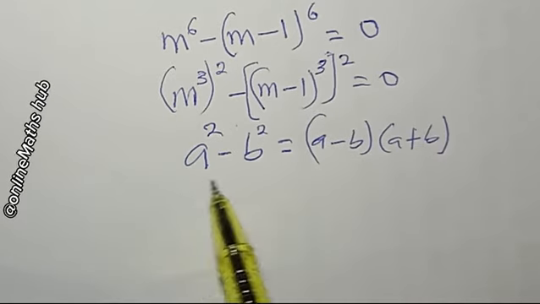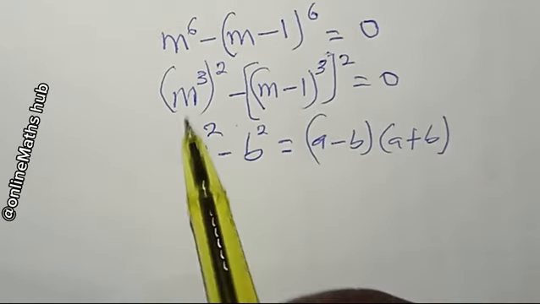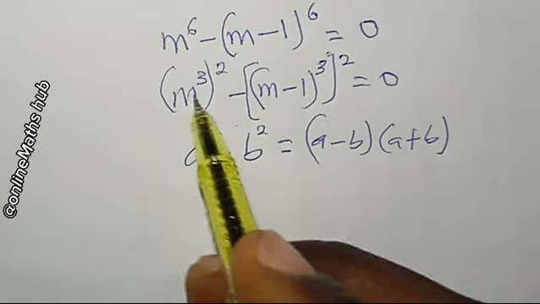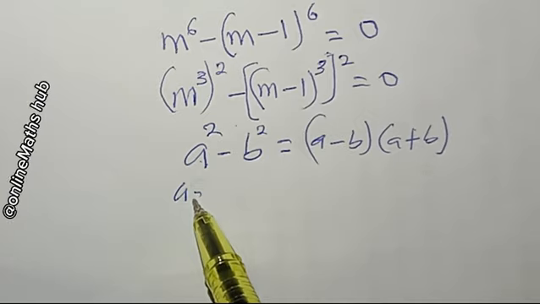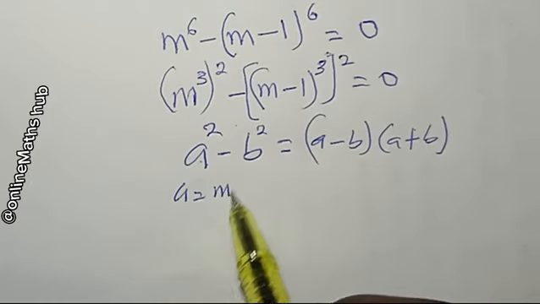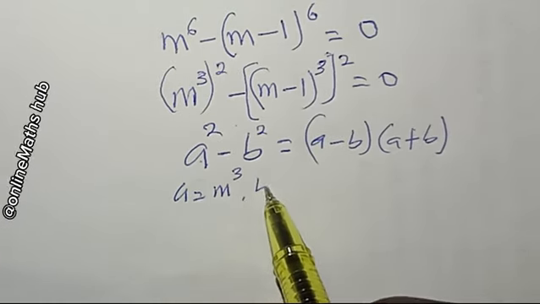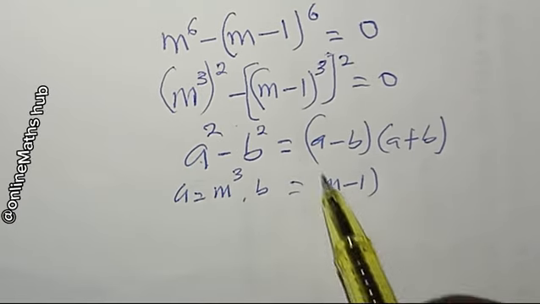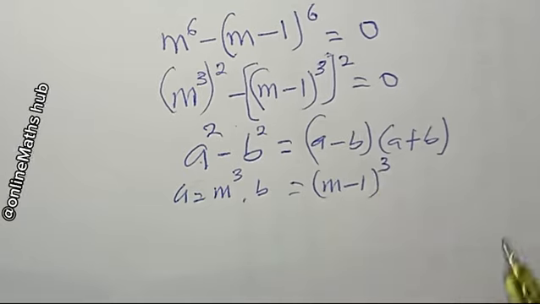I'm going to use this rule to expand this one. In this case, our a is m power 3, and our b is (m minus 1) all power 3.